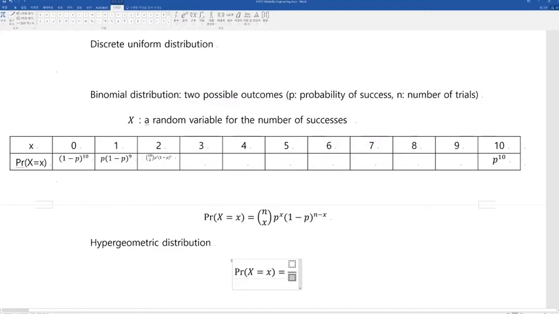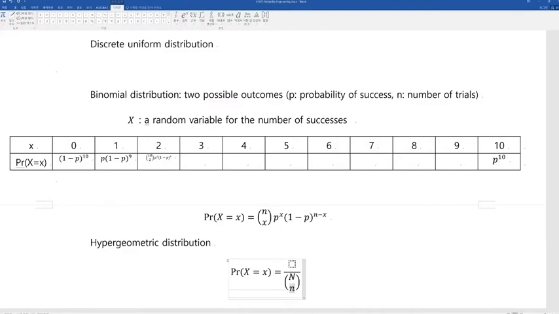So first, what would be the total number of cases? We have a total of capital N items. We are going to select small n items out of capital N total items.